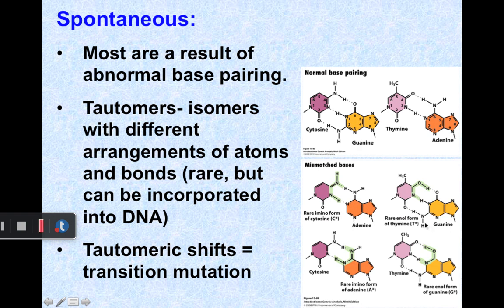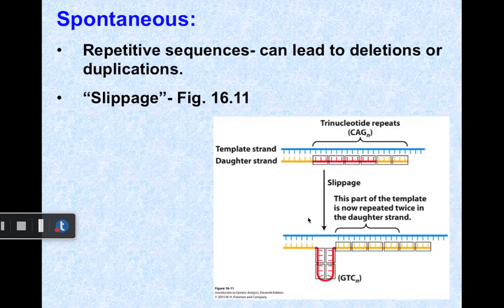That doesn't match up. Here we have an enol form of thymine binding with guanine. Again, that doesn't represent normal base pairing. Okay, so these tautomeric shifts, they can occur. And again, if you think about it, when they do occur, they simply represent examples of transition mutations because we're essentially substituting purines for purines or pyrimidines for pyrimidines.